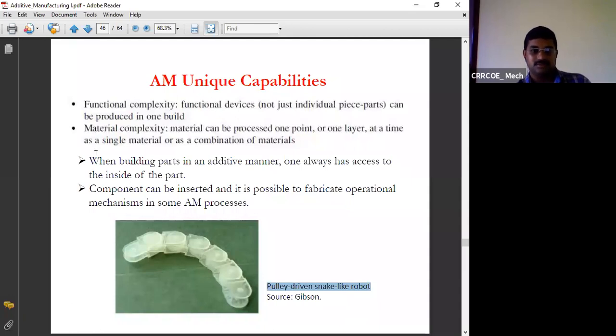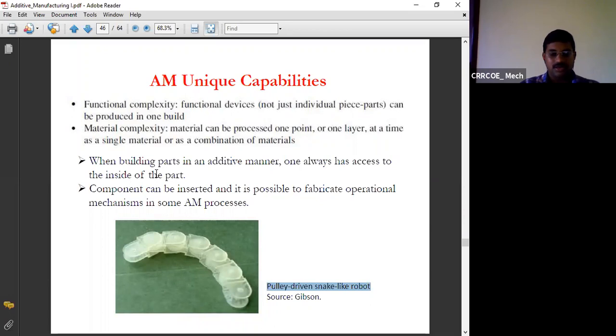See, when building the parts in an additive manner, consider having a clear idea about the CAD model itself. We have full data, so we can give instructions in the CAD model itself.